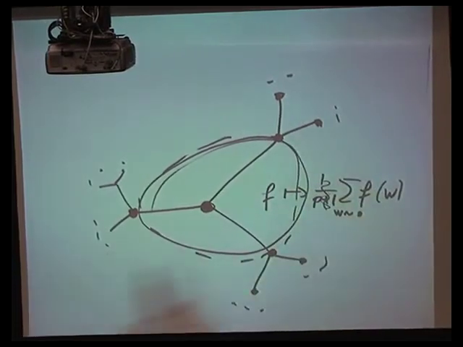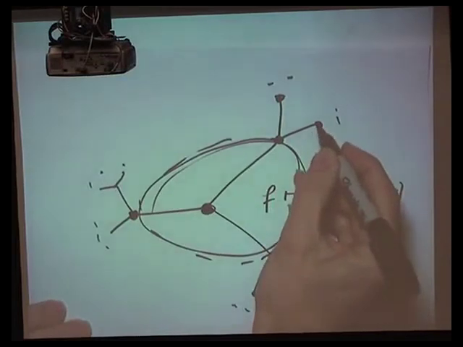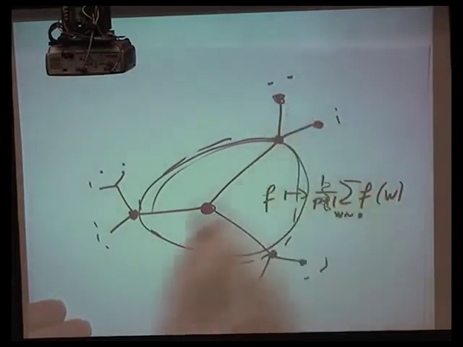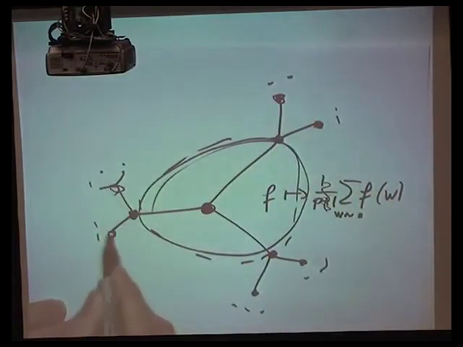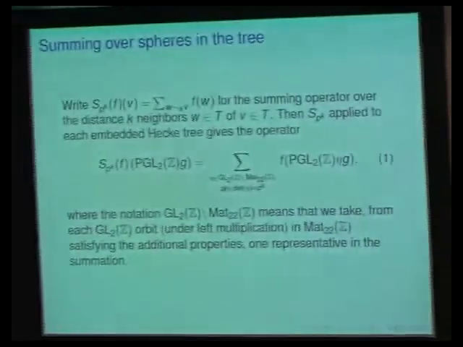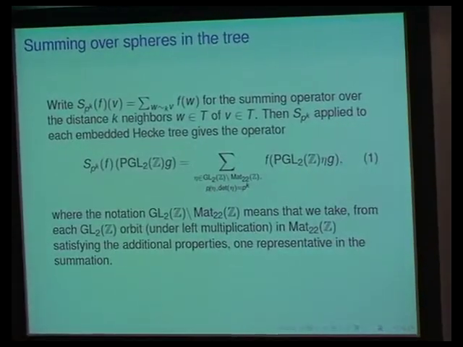Neighbor is a one neighbor, and then you know what the distance 2 neighbor is. So this is the set of distance 2 neighbors from the middle that I drew.